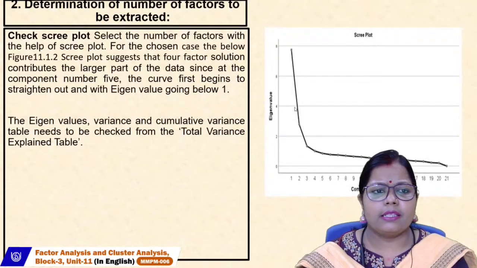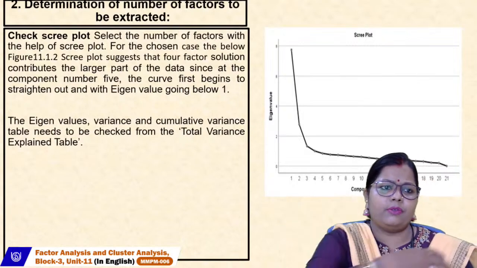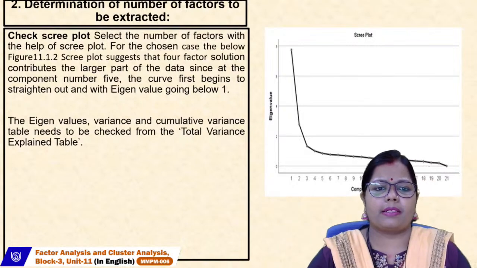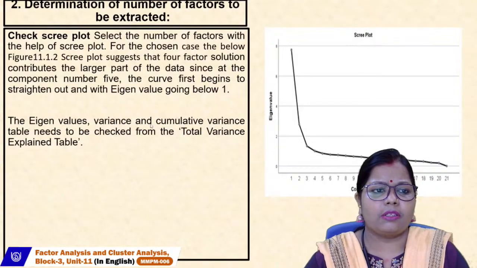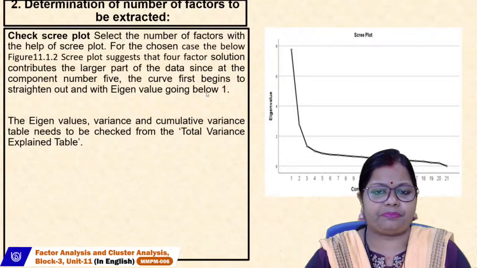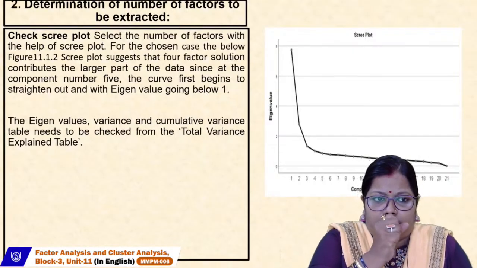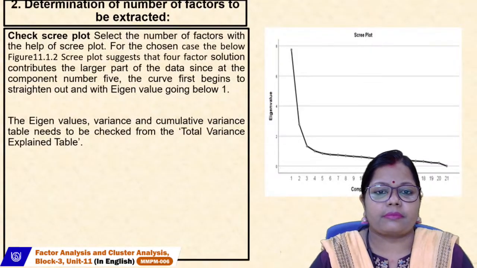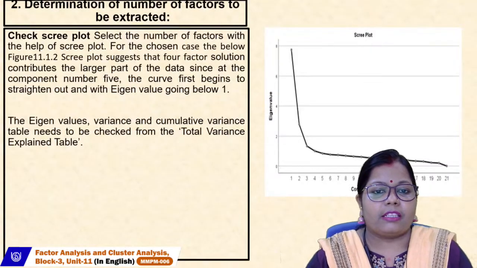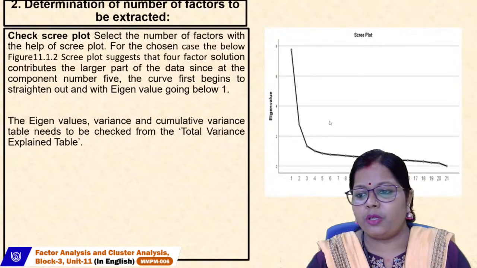You can see here the scree plot suggests that the factor solution contributes a larger part of the data, since at component number 5 the curve first begins to straighten and after that the eigenvalue goes below 1.